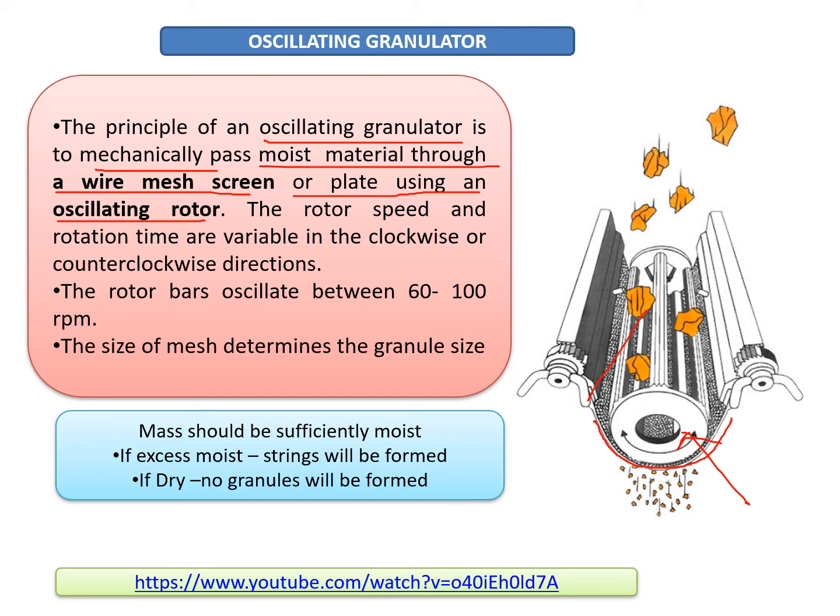The rotor speed and rotation time are variable in the clockwise and anti-clockwise direction. The rotor bar oscillates between 60 to 100 rpm, and the size of the mesh determines the granule size. So the oscillating rotor rotates in clockwise or counterclockwise direction, and it forces the mass across that wire mesh screen.